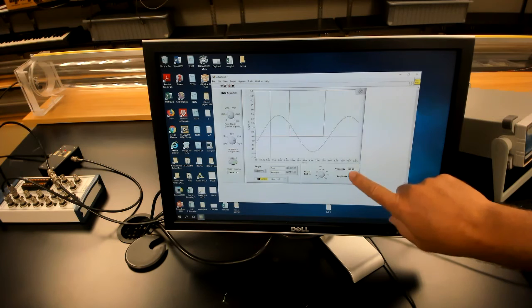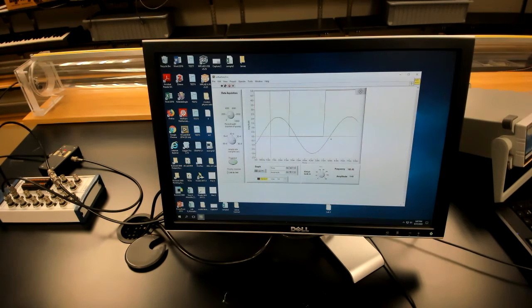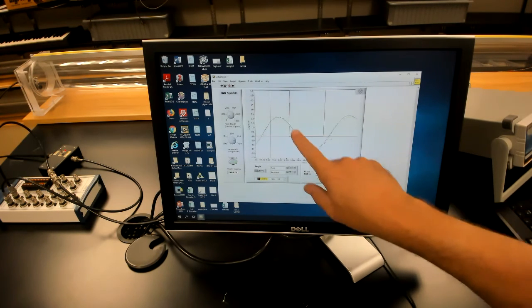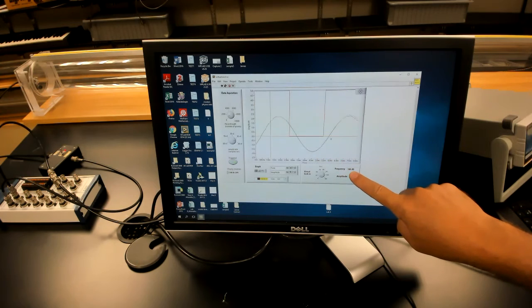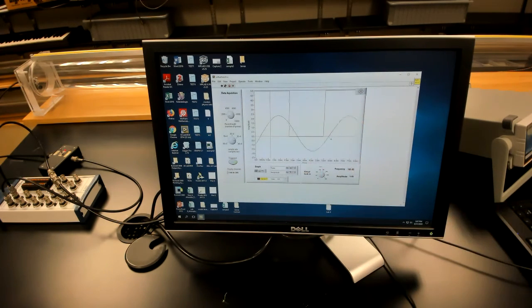And it's doing this by essentially fitting the sine wave to find its amplitude, okay? And when it does the fit, it doesn't have to guess at what the frequency is because it measures that from the trigger signal, okay?